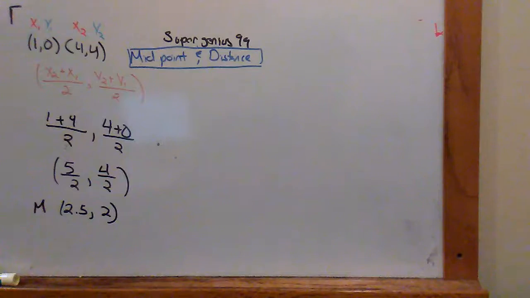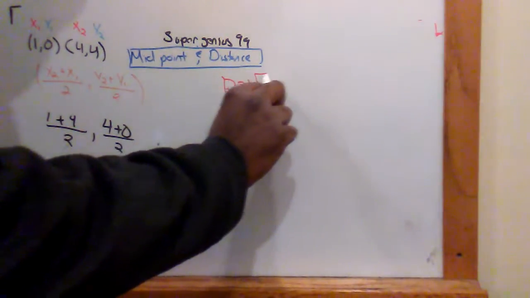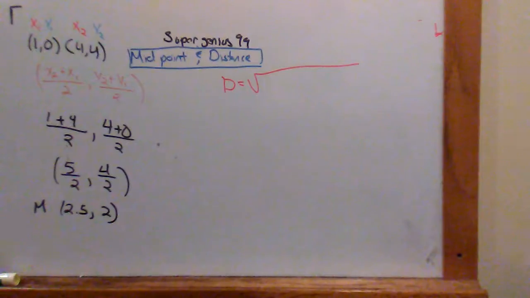Now, how will we find the distance? The distance basically, you get the sum of the squares of the differences of the two. So, in layman's terms, the distance would look like this. So it's the square root of the sum of the squares of the differences.